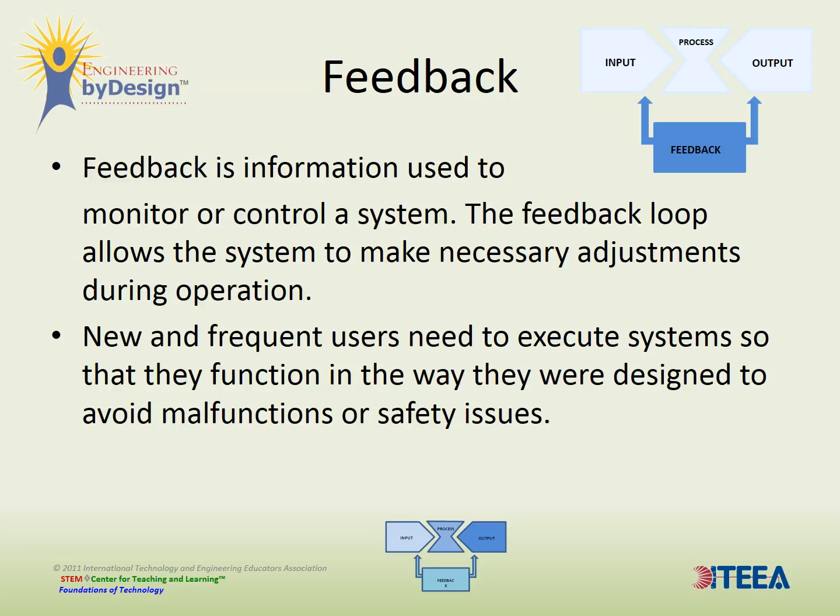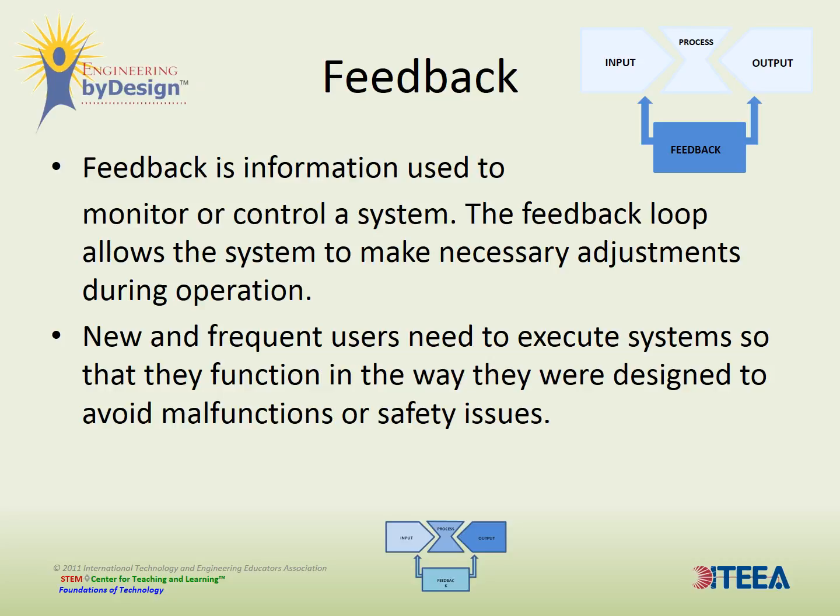Repeating the cycle. New and frequent users would need to check out the systems so that they function in the way that they were designed, so that you don't have malfunctions and safety issues. You do not want to have safety issues.